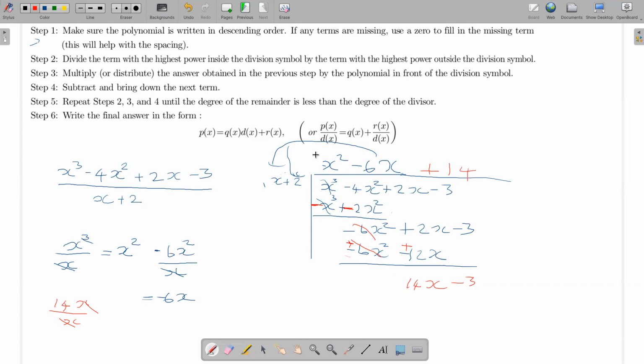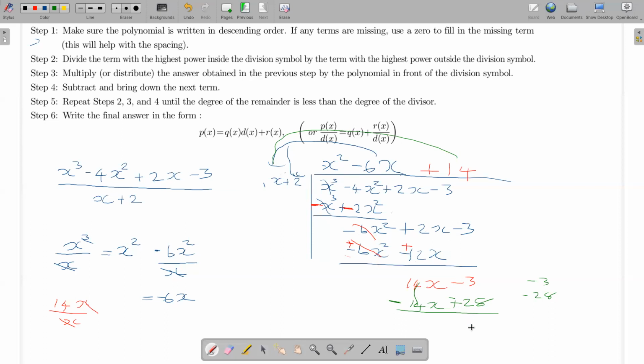And then I multiply this by 14. 14 times x is 14x, and 2 times 14 is 28. Then again subtract, minus 14x. So this will cancel out, and I get 28. Negative 3 minus 28, because the sign changes.